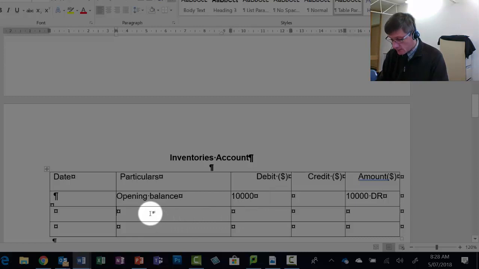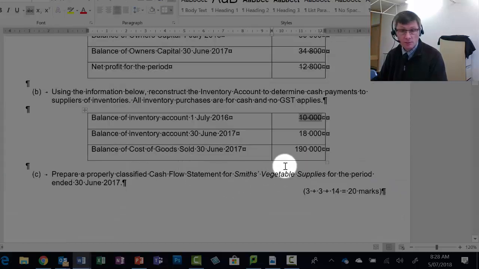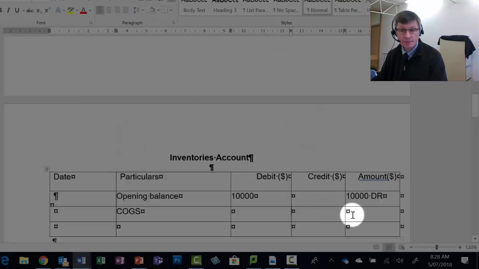We've got a cost of goods sold figure given. That's going to be a credit to the inventory account. I was checking to see what it was. It was 190,000, so let's put that in. 190. So that goes over here.